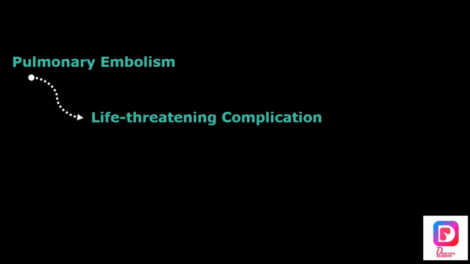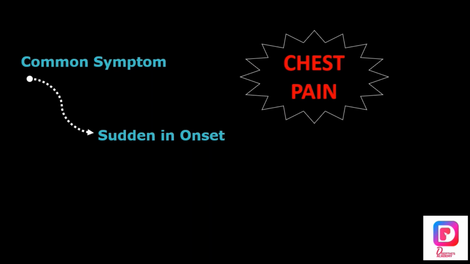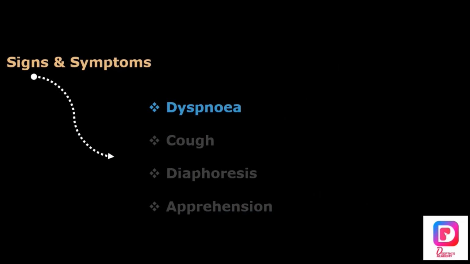Pulmonary embolism is a life-threatening complication of deep vein thrombosis and thrombophlebitis. Chest pain is the most common symptom and it is sudden in onset and may be aggravated by breathing.